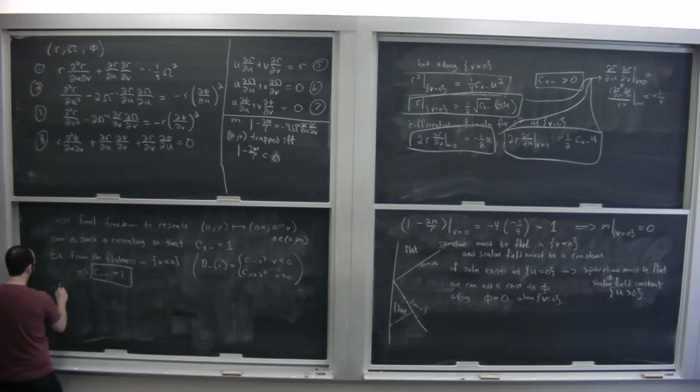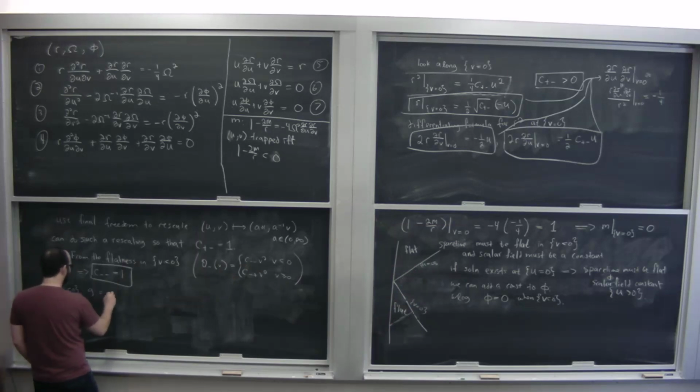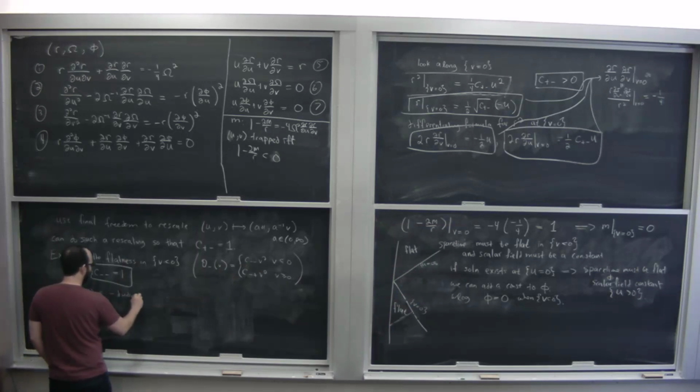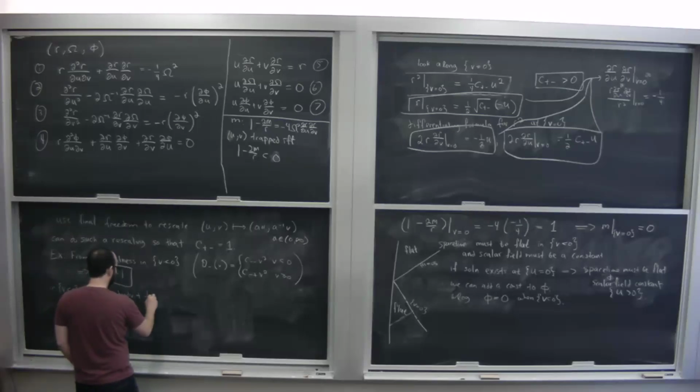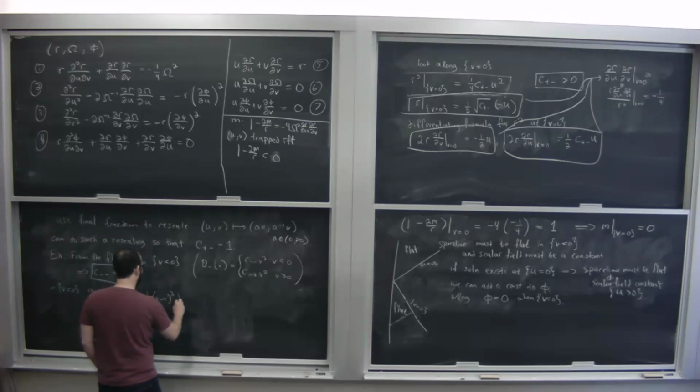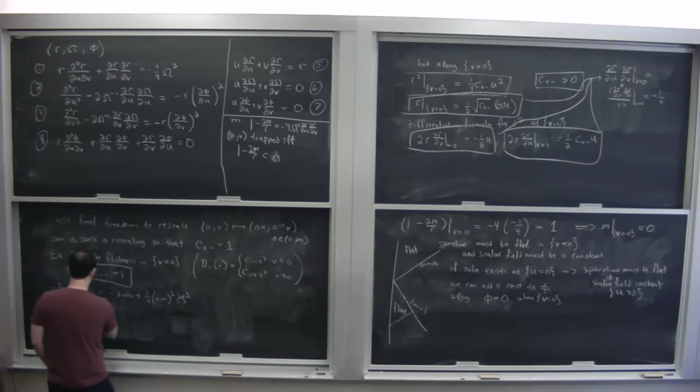So in V equals 0, G equals minus du dv plus this standard form. And, all right.